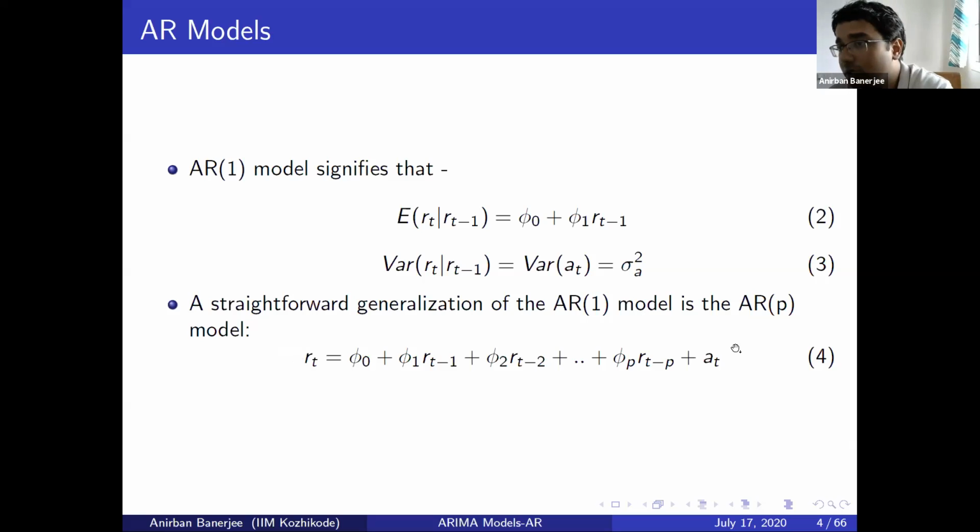Is it true that if you have an ARP model, all the P coefficients, which are phi 1, phi 2, phi 3, phi 4, phi 5, all of them would be statistically significant? No. Many of them would be 0. You have seen regression models, right? All of you have seen multiple regression models.